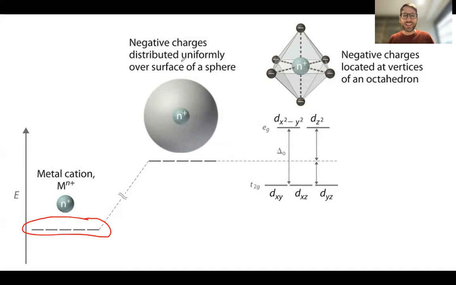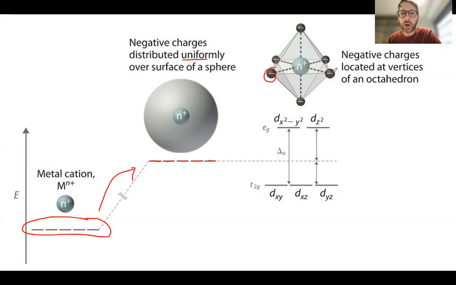If we have the metal cation surrounded by a uniform distribution of negative charges, so we have a uniform negative charge around it, the 5 d orbitals would still be degenerate, but the energy would be increased relative to the metal cation.